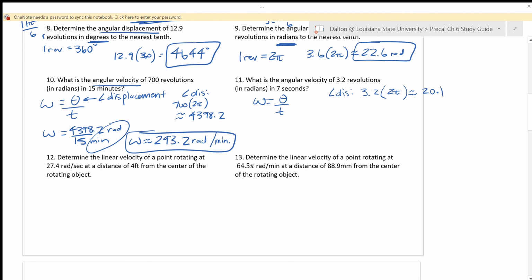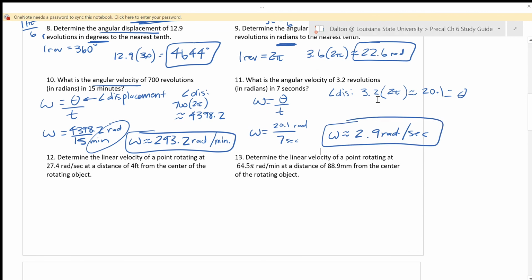Then omega is equal to that value for theta, 20.1 radians, divided by time, 7 seconds, which gives us omega of approximately 2.9 radians per second.